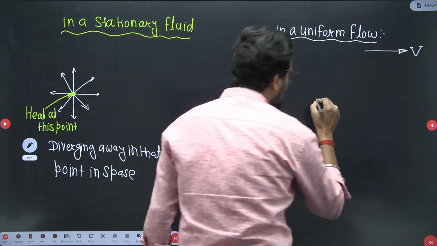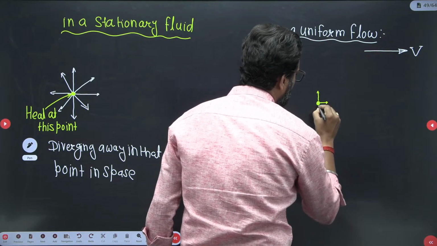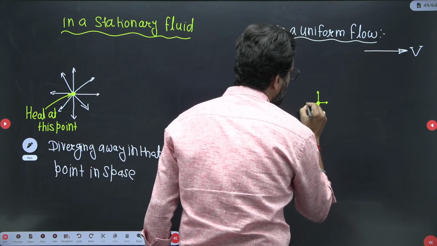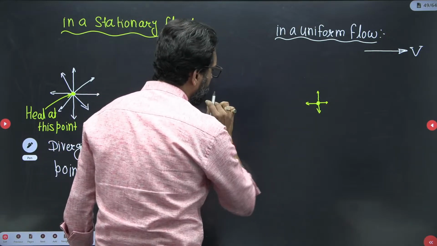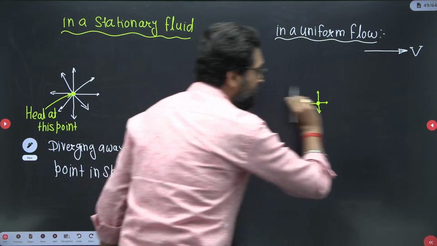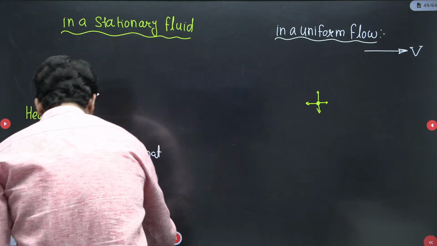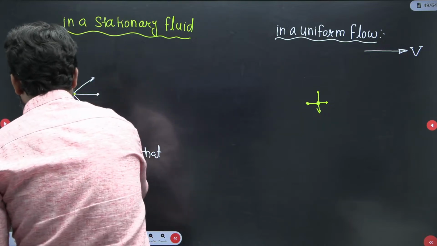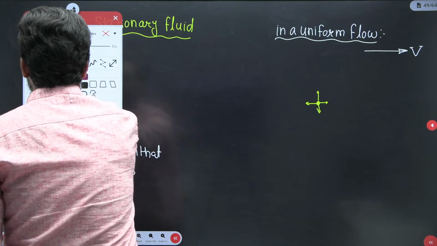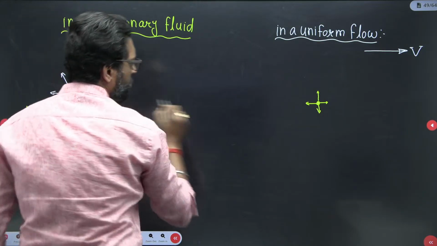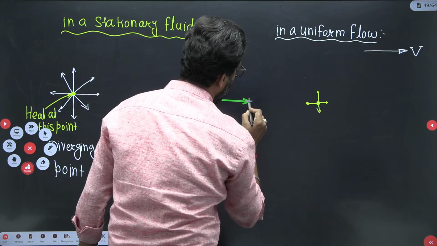Locally the streamlines will diverge. But far from that point, the fluid is coming in this direction.